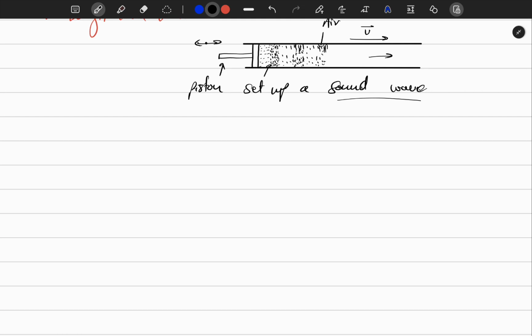So this figure shows how a sound wave can be produced by a piston in a long air filled pipe.